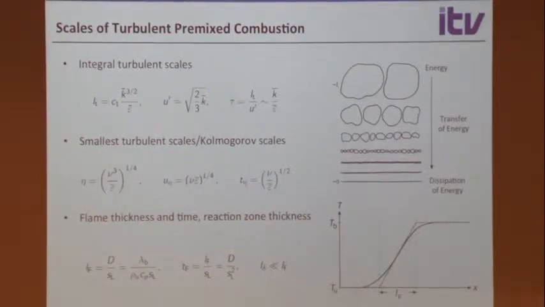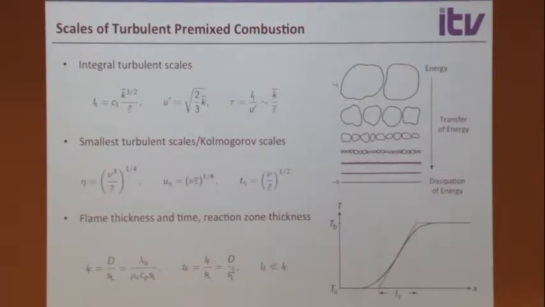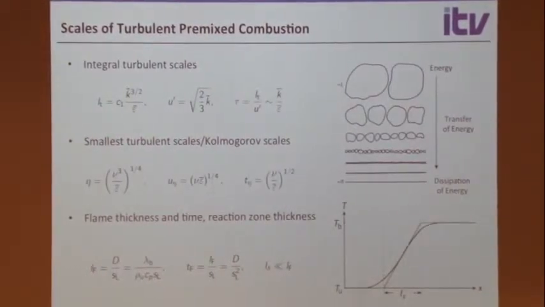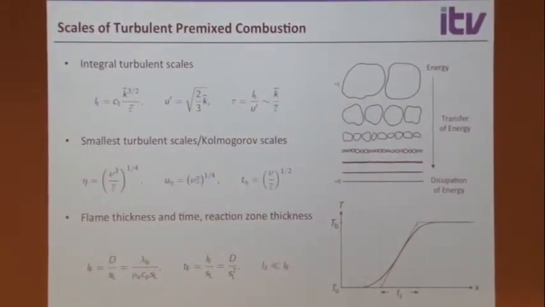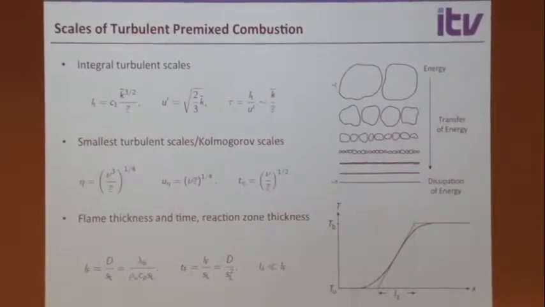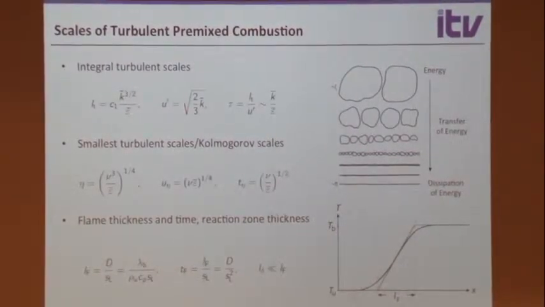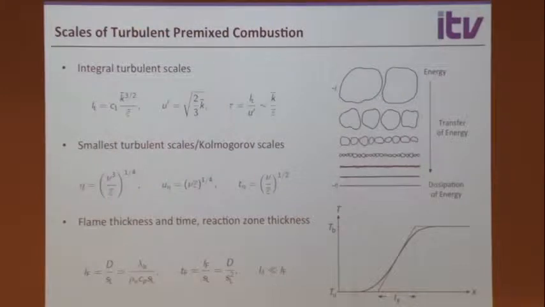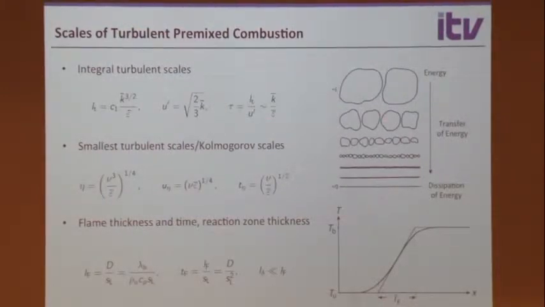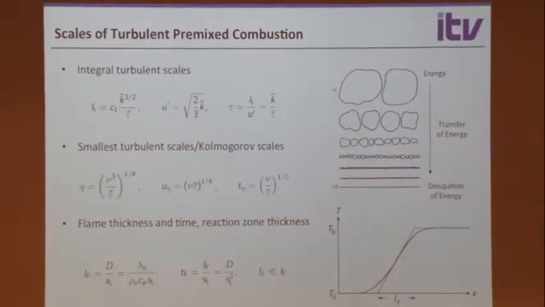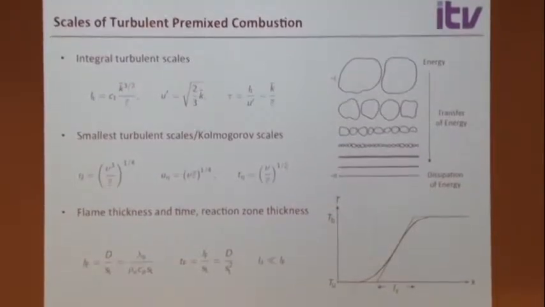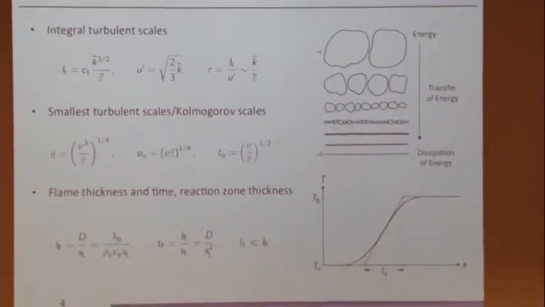So these are the scales, and they're just all listed here. We talked about all of these. We have the integral turbulent scales. These are the scales of the large turbulent eddies, LT, U prime, and there's also a time scale you can form. Often we use k and epsilon to build these scales.